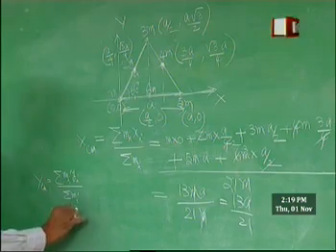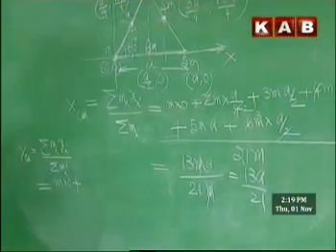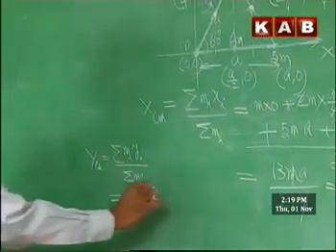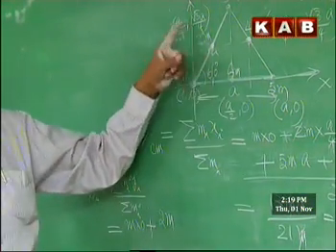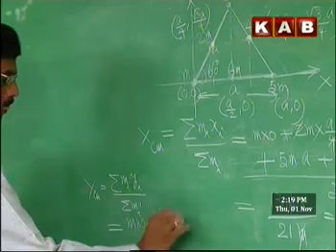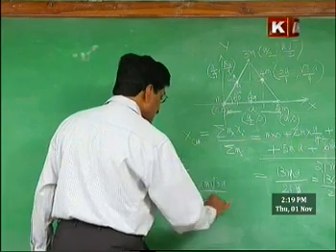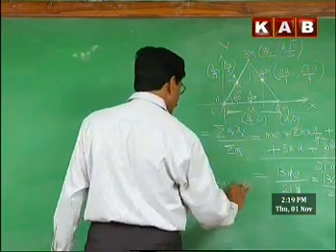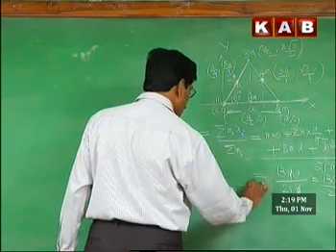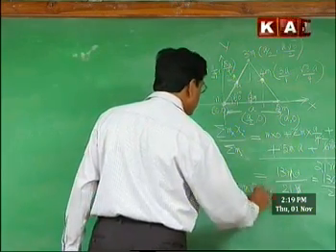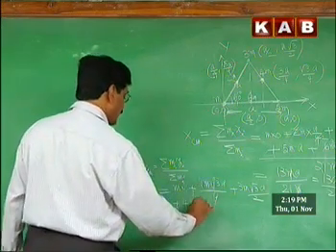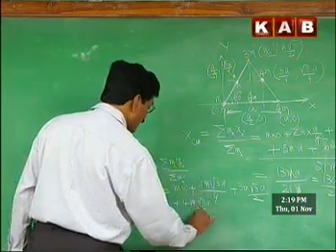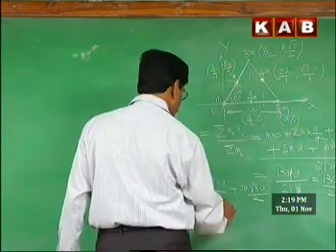Therefore, m into 0 plus the second is 2m, whose y coordinate is root 3a by 4, plus 3m, whose y coordinate is root 3a by 2, plus 4m, whose y coordinate is root 3a by 4 as it is for 2m.